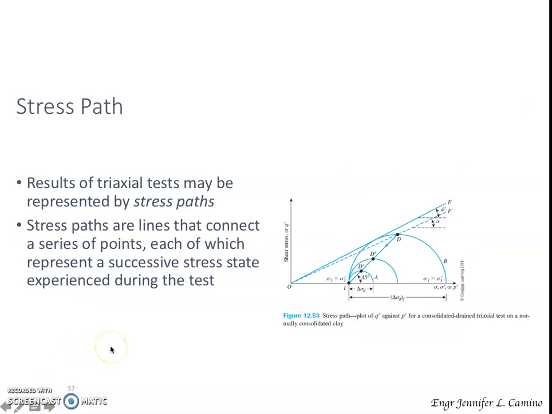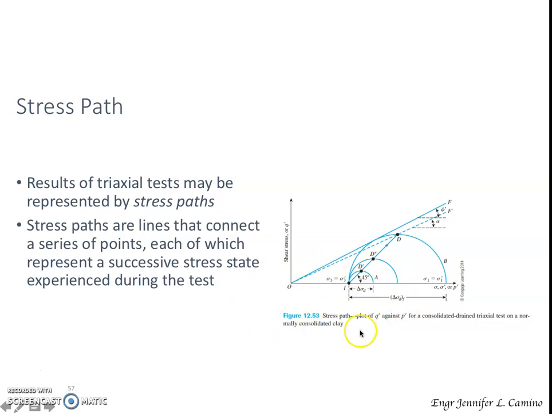So we move on now to stress path. A stress path is a diagram that represents the results of a triaxial test. The stress path is a line that connects a series of points, each of which represents a successive stress state experienced by a soil specimen during the progress of a test. There are several ways in which a stress path can be drawn.